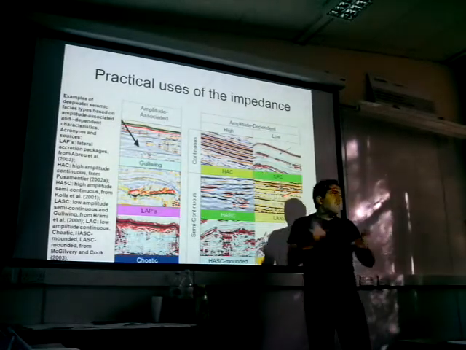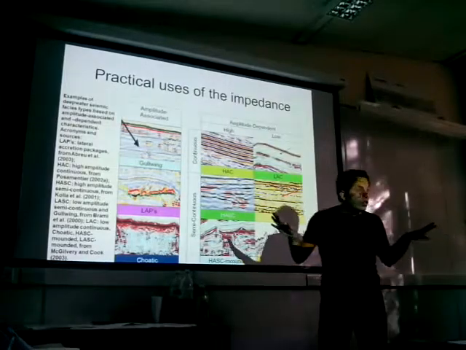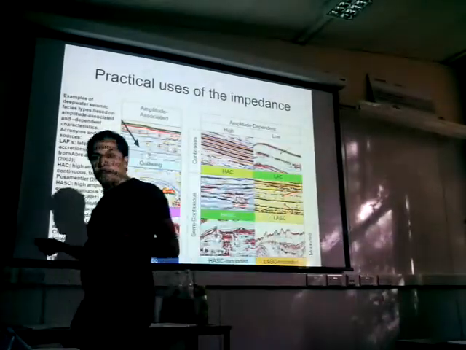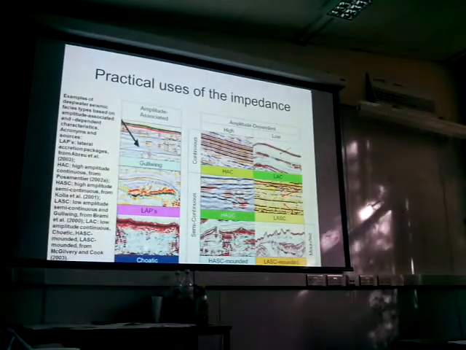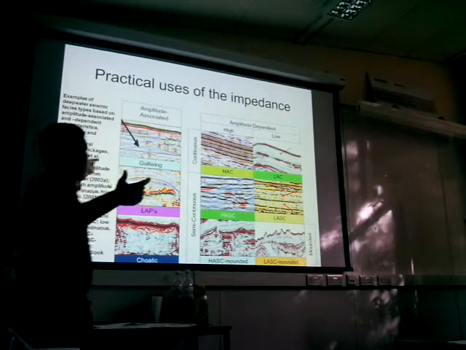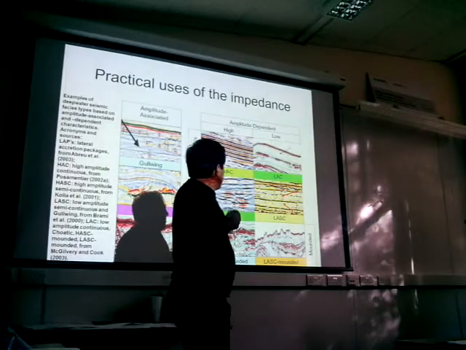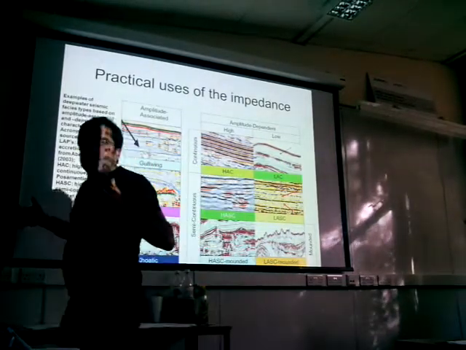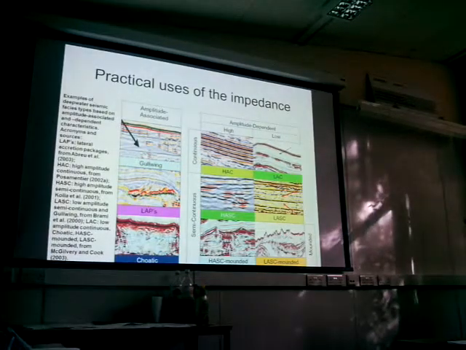So it's telling you that there is no real change of the contrast of impedance laterally. They are bright, so the difference between ρ2 V2 and ρ1 V1 is pretty strong. So there are two objects with a distinctive contrast of impedance, constant laterally for kilometer after kilometer. And that's the only thing you can say from a seismic point of view.